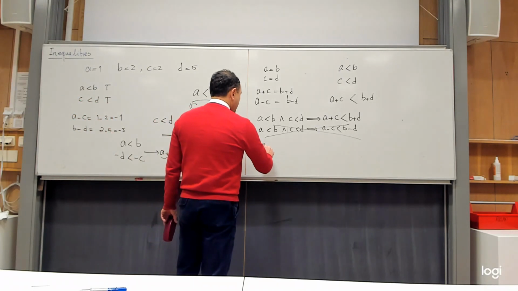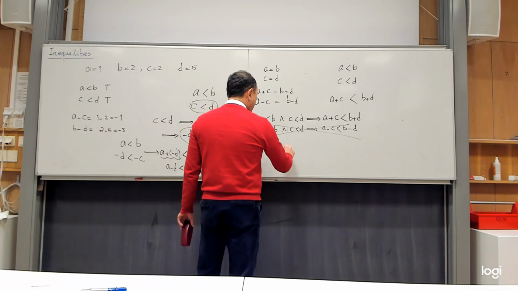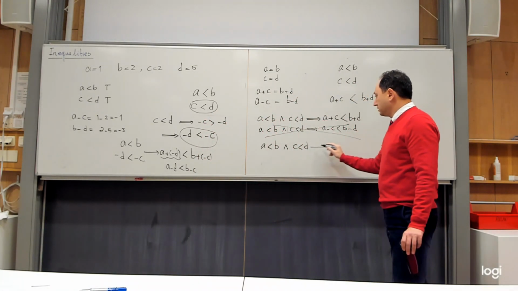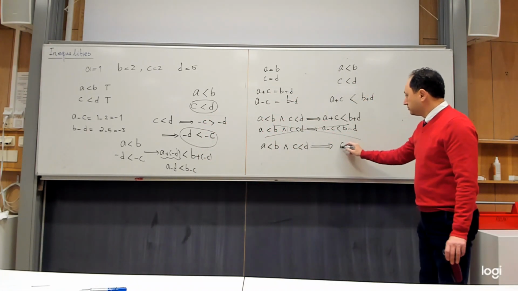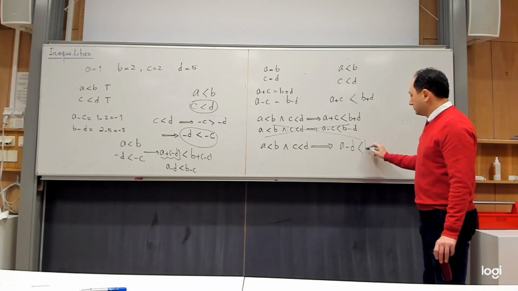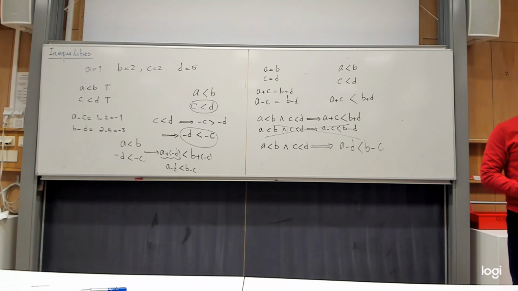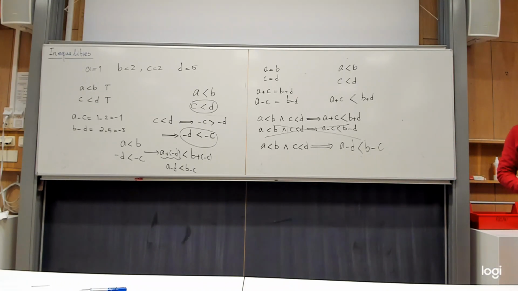So if A is less than B and C is less than D, even though that was wrong, but this is true. Yes, this is true. A minus D is less than B minus C. Yes, is that understandable?